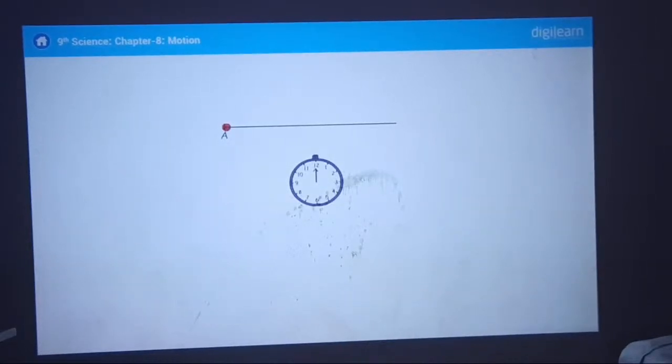Non-uniform velocity. Consider a body moving from A to C along a straight path. It covers 100 meters in 20 seconds. In first 10 seconds, it travels a distance of 60 meters and reaches B. In next 10 seconds, it travels 40 meters and reaches C. Velocity of the body during displacement AB is equal to AB divided by time. That equals 60 meters divided by 10 seconds.